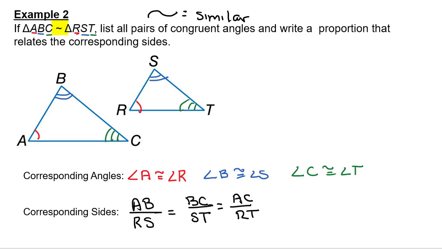So corresponding sides are proportional. Corresponding sides are no longer congruent in similar triangles. I can only say that so many times.